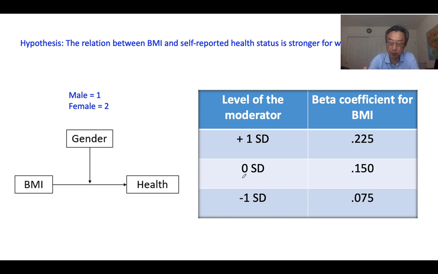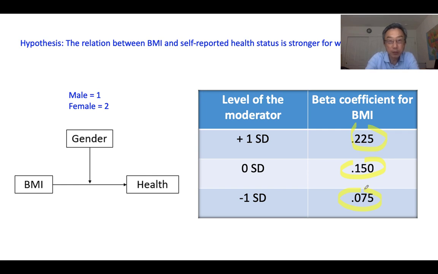So we actually tested the simple slope associated with BMI at 3 different levels of the moderator: 0.225, 0.150, and 0.075. So again, this is the result of the moderation analysis.